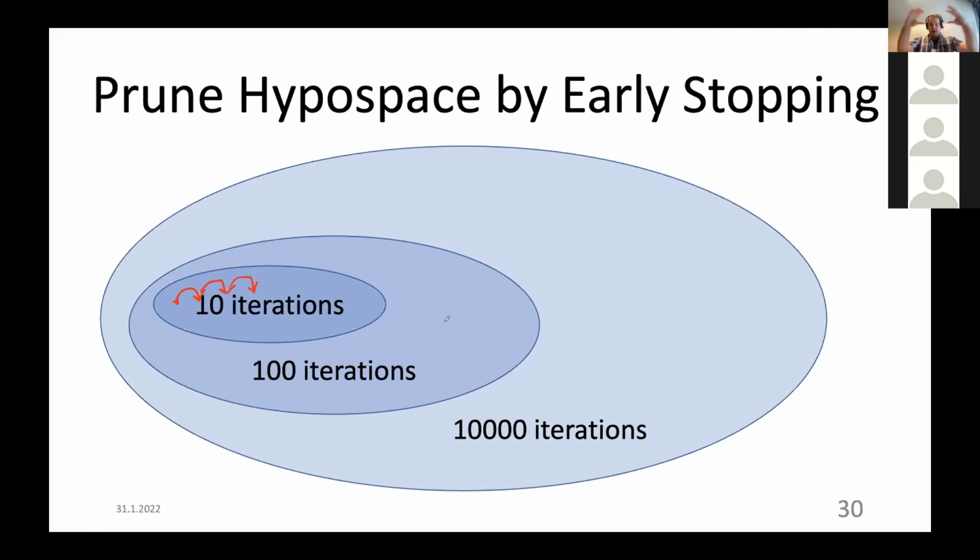And if you want to explore a larger subset of all possible maps that are represented by a neural network, then you must use more iterations. So 100 iterations would mean a larger search space. So early stopping is actually a means, or an implementation, of model pruning. And therefore, a regularization technique.